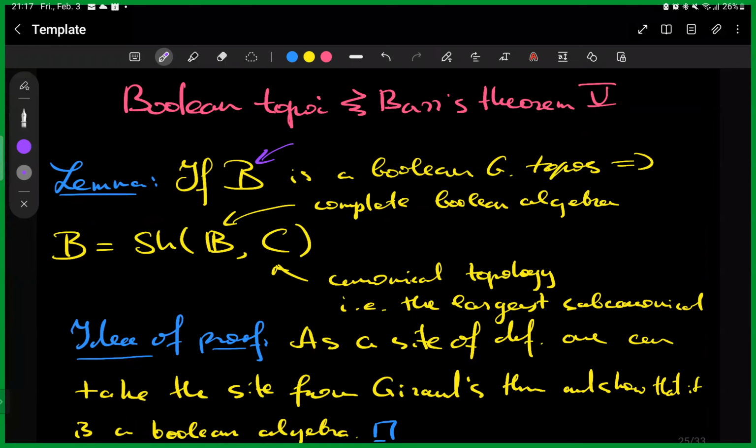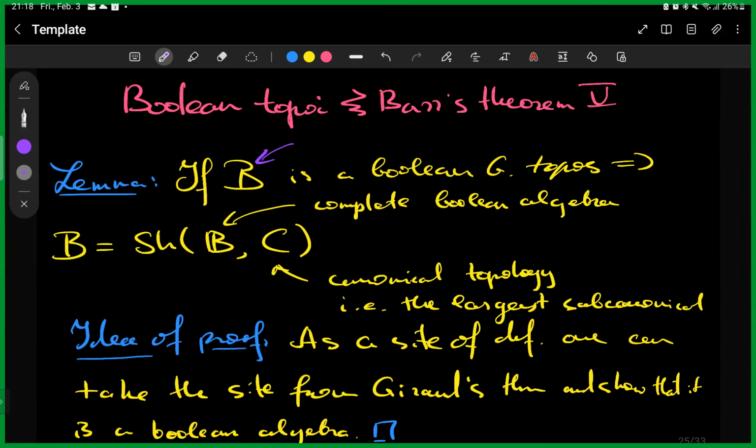But for complete Boolean algebras, we can also give another description. The open subsets are just subsets of elements which are less than or equal to a fixed element. So this is kind of atomic topology.